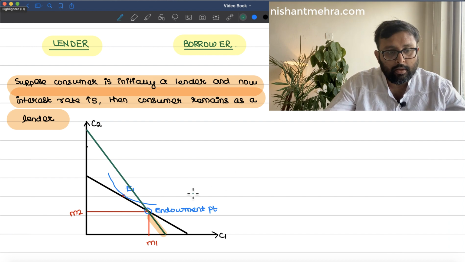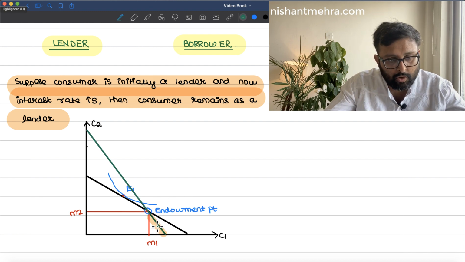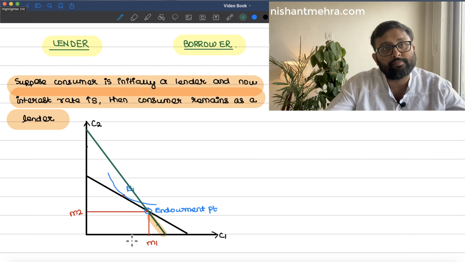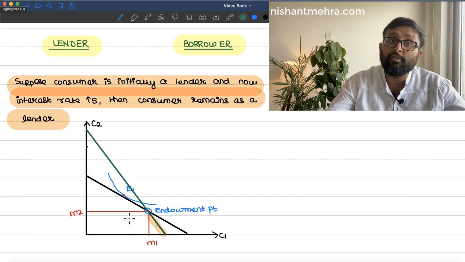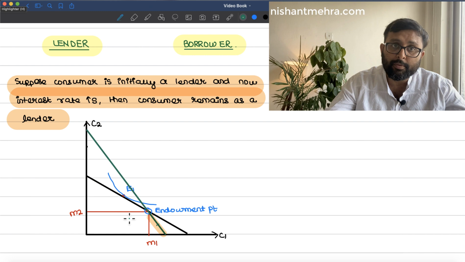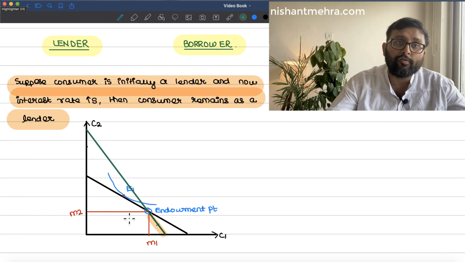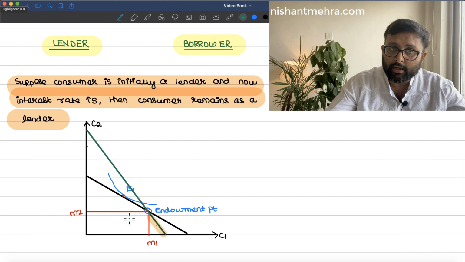Okay. Now think about it. Can you make the new choice on this part of the budget line? You can't, because this is a violation of the principle of revealed preference. These points were available to you earlier. You have rejected them in favor of E1, right?